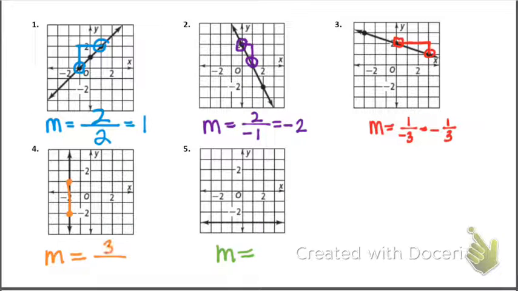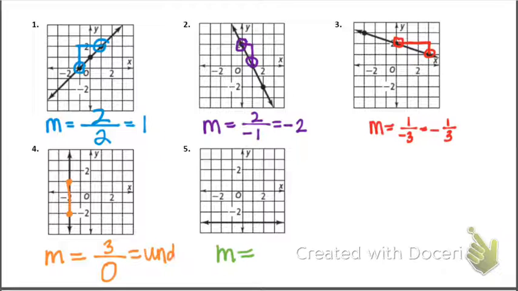So my rise was positive 3. I don't have to go left or right at all. So what would be my run? Okay, so 3 over 0, which reduces to what? Emily. It's not possible. It's going to be undefined. Why? Because you can't divide by 0.